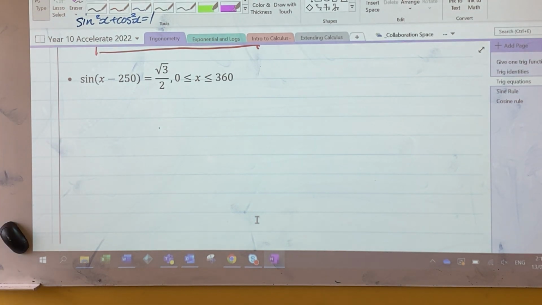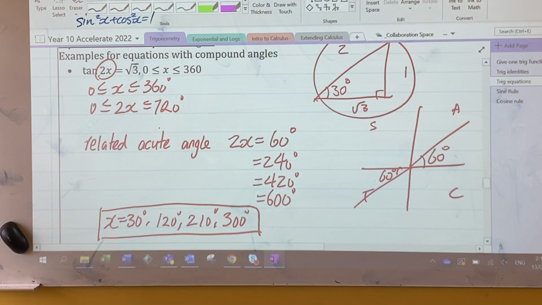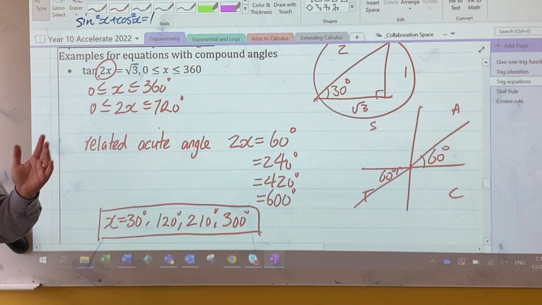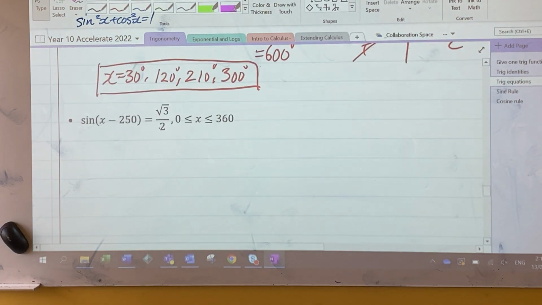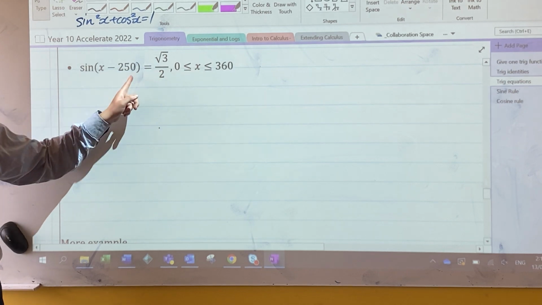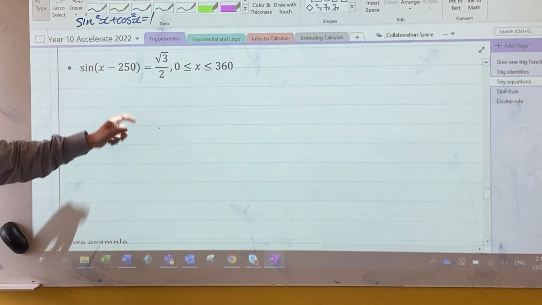The first thing, just like the previous question, right? What did I do with the previous question? The first thing I did was change the domain. So I work with the new domain, then I go back. Same thing here. That is my old domain, but I'm looking at this one.